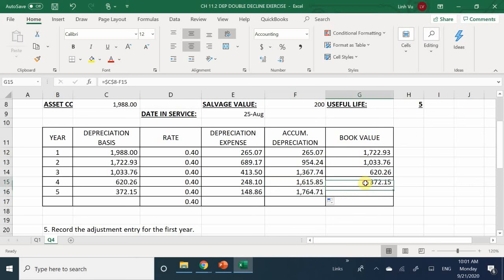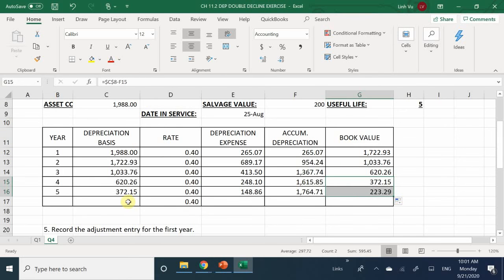And then lastly, what's my book value going to be at year 5? Did you get this answer? Oh, 223.29. Perfect. Okay, so let's go ahead.